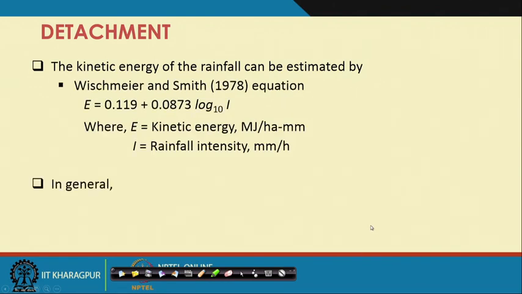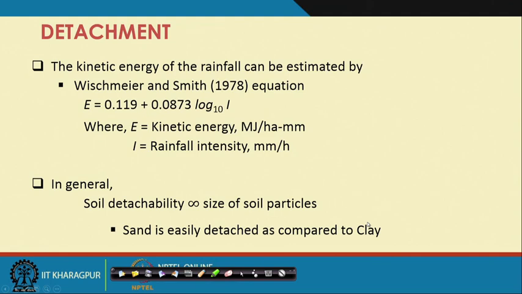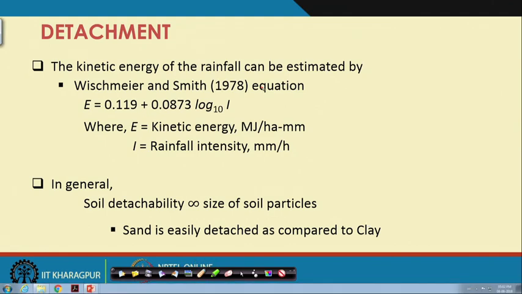And in case of detachment, the kinetic energy of the rainfall can be estimated by a formula given by Schmier and Spieth in 1978.